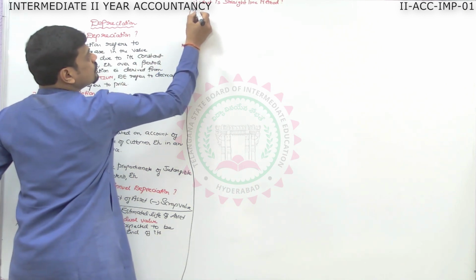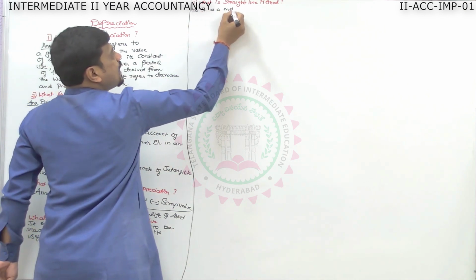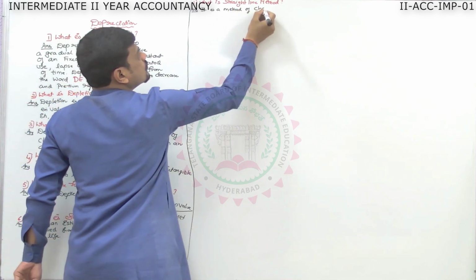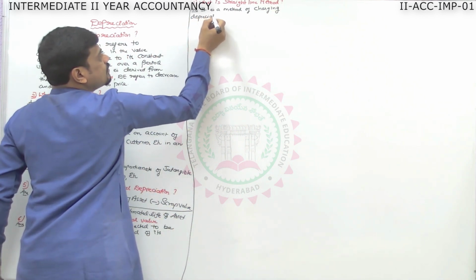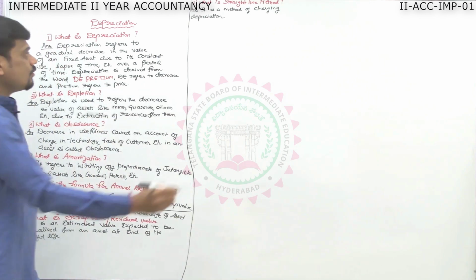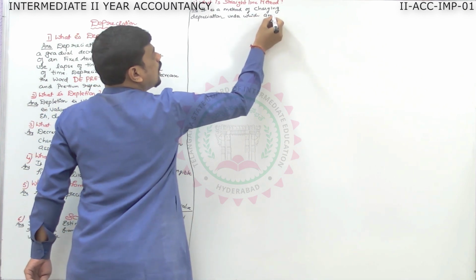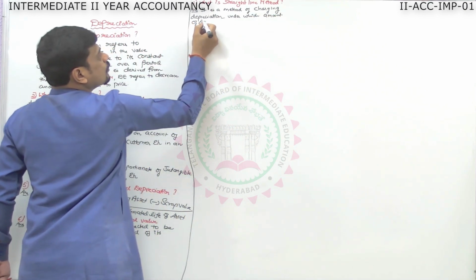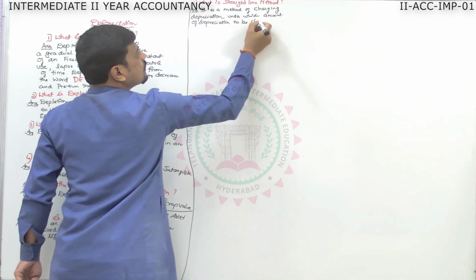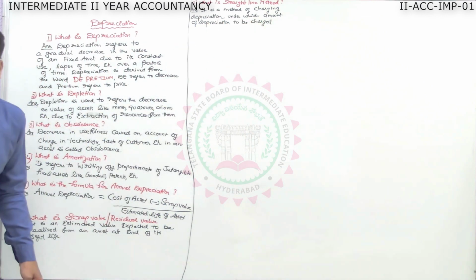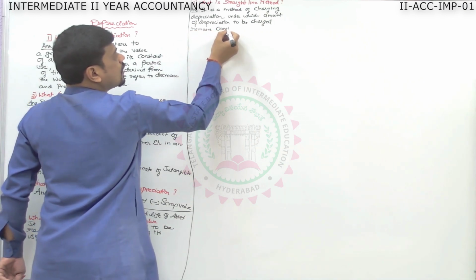In simple terms, it is a method of charging depreciation under which the amount of depreciation to be charged remains constant.